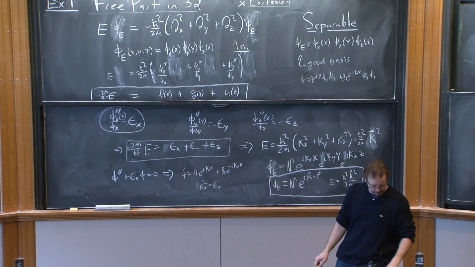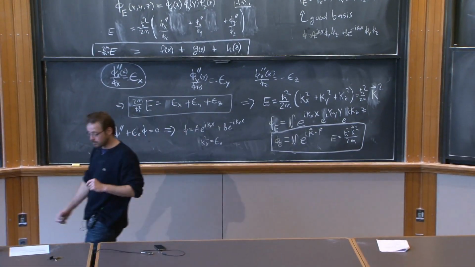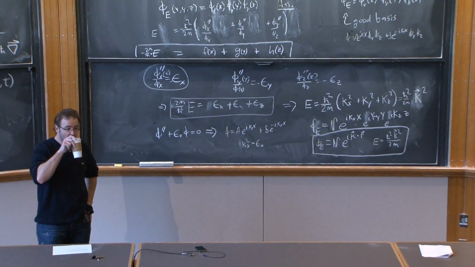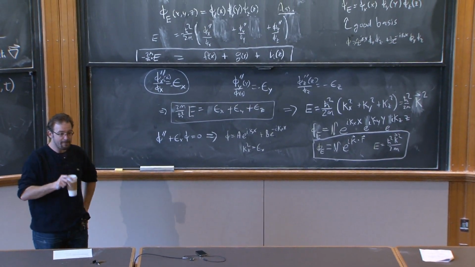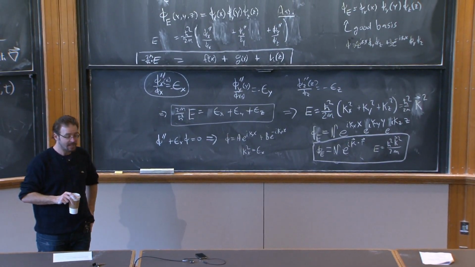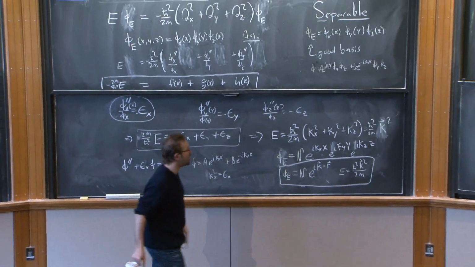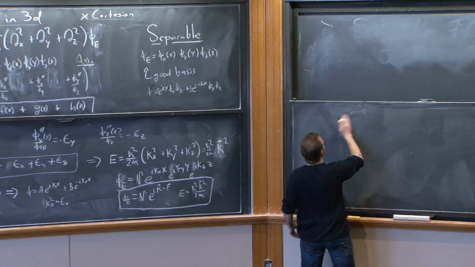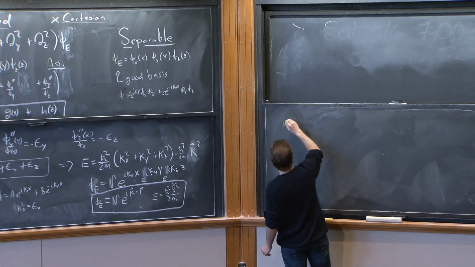Yeah? So does this mean that any superposition of plane waves with wave vector equal in magnitude will also be an eigenfunction of the same energy? Absolutely. Great observation. So the observation is this. Suppose I take k, I'll call it k1.